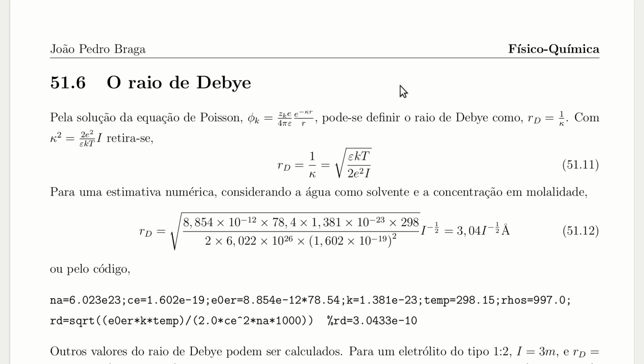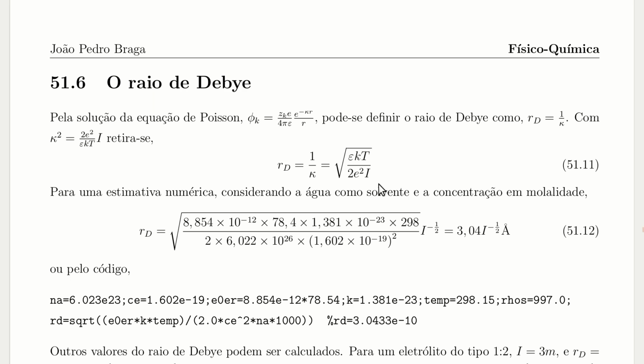If kappa is small, the Debye radius is large, and the ionic atmosphere will be bigger than if the Debye radius is small. Since for a small Debye radius, you have large kappa, and consequently a very short ionic atmosphere.